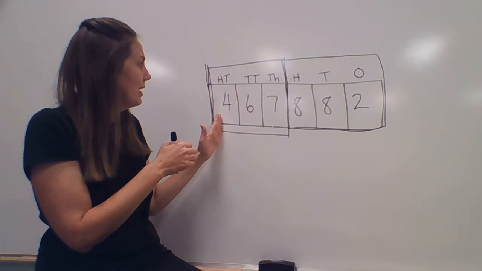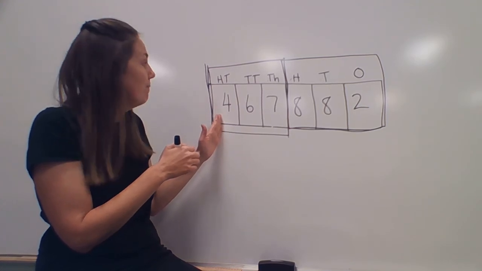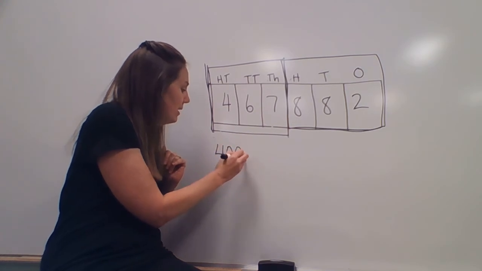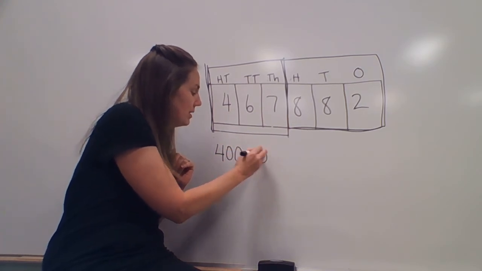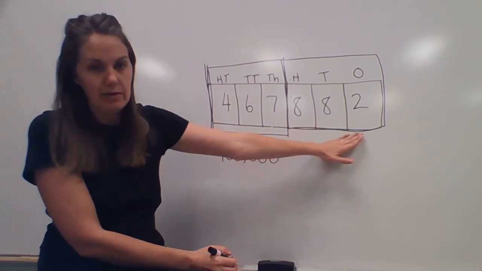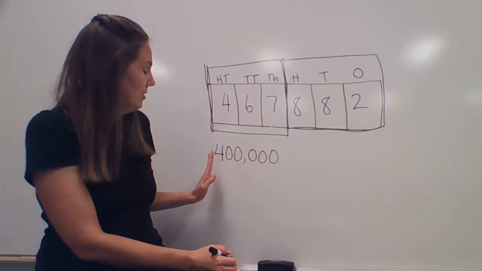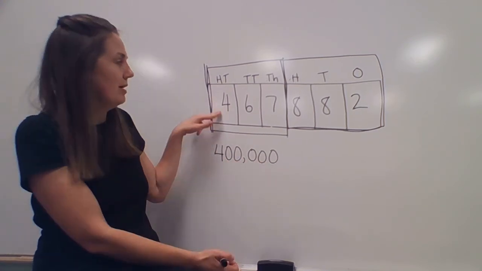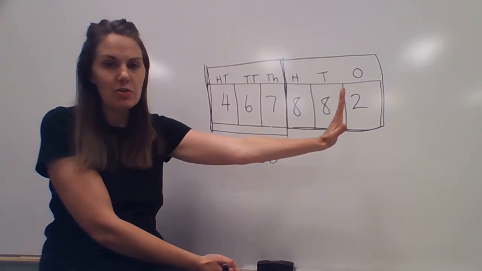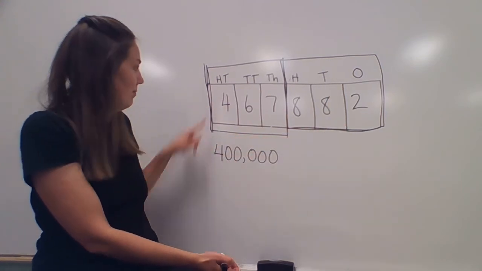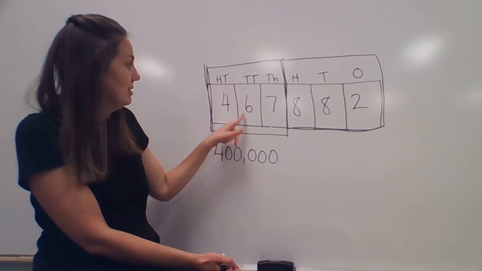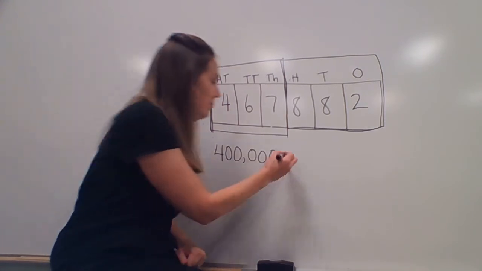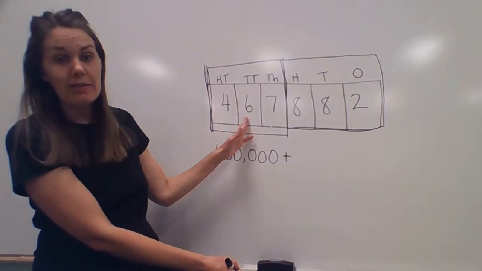So the first value that I have is 100,000. I have 400,000. So I'm going to have 400 and then a comma. If I'm just looking at the place value, I'm going to fill in everything to the right of it with zeros. So I have my 4 in the 100,000s place, and then 0, 0, 0, 0, 0, right? So 400,000 plus, now I'm going to look at the 10,000.